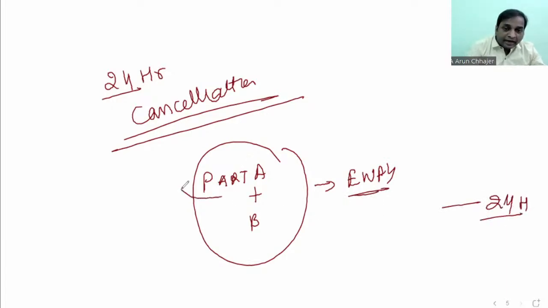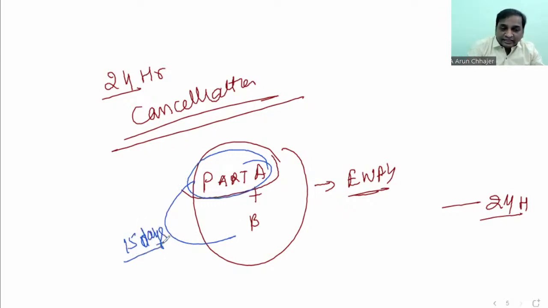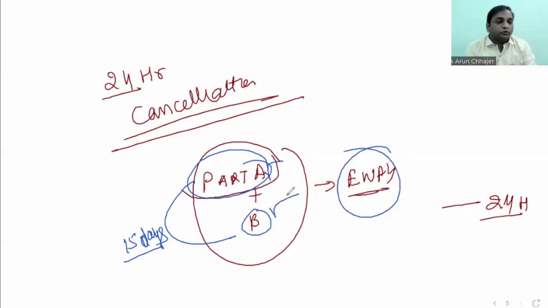If only part A, there is no meaning of cancellation, because the part A will automatically expire after 15 days. If you do not enter the part B detail, it will be automatically archived by the government e-way bill portal, because you have not updated the part B. So only part A is not the e-way bill at all. What is an e-way bill? When you add the part A and part B both. Please confirm.